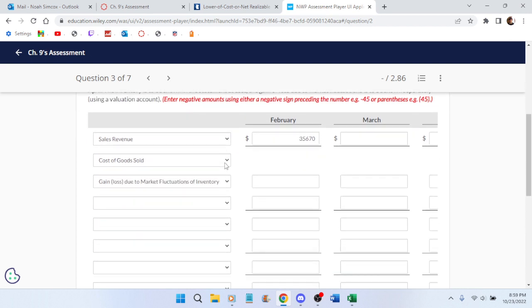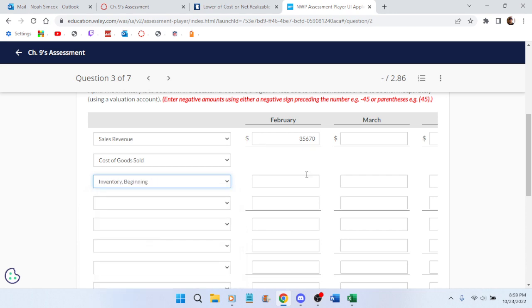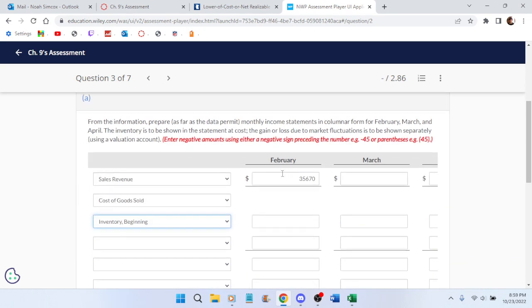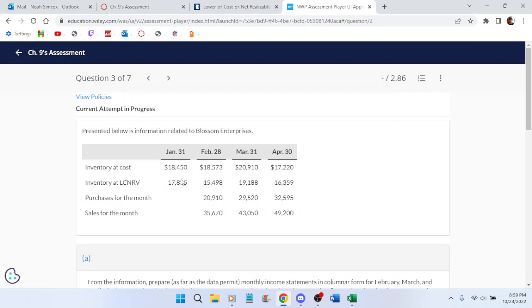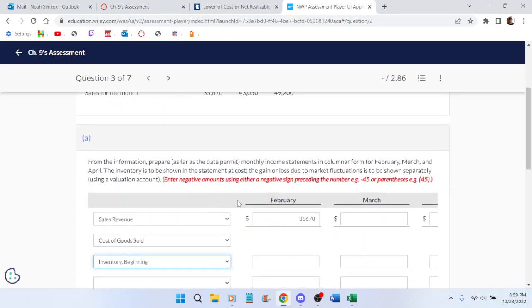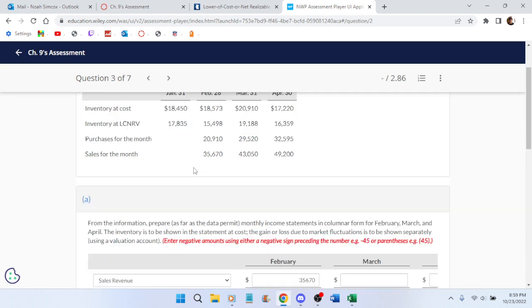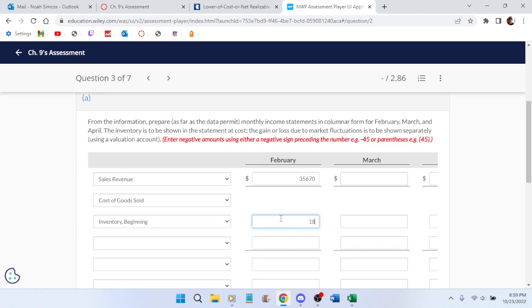Okay, so first you need your beginning inventory and your ending inventory, and first you do it at cost. And you do the other thing separately. So first you have 18,450. Man, this is so fun.